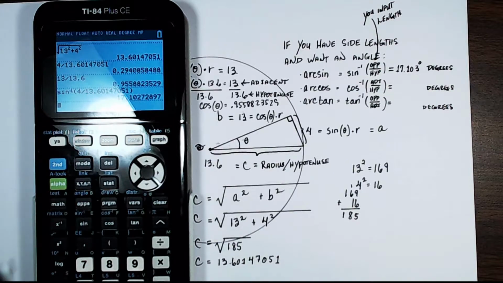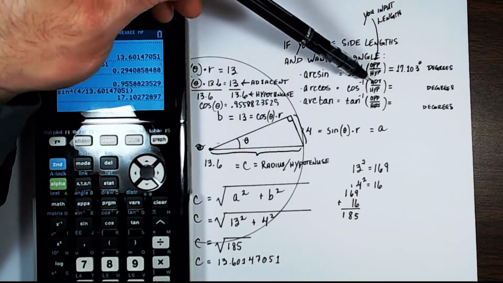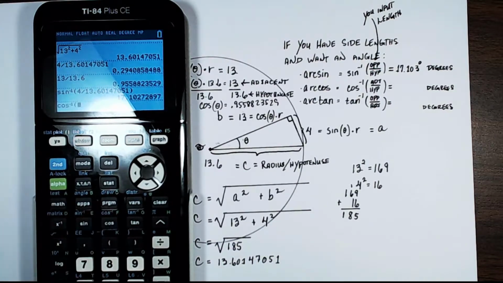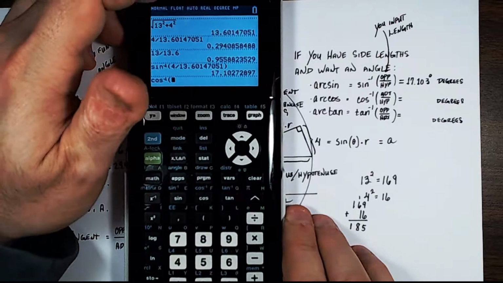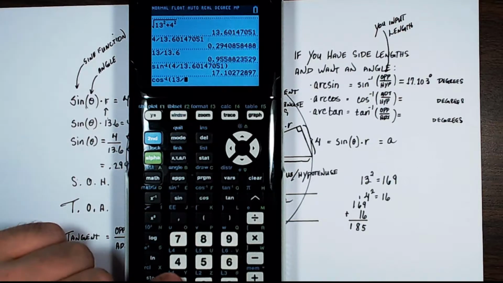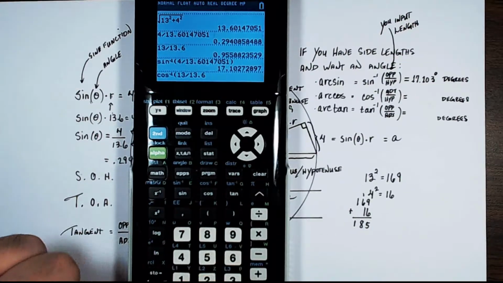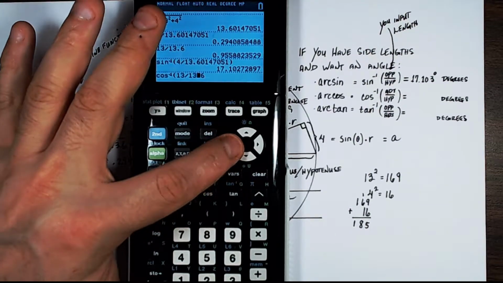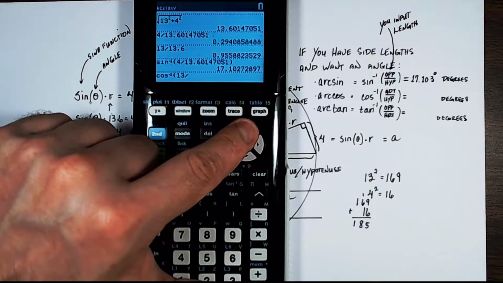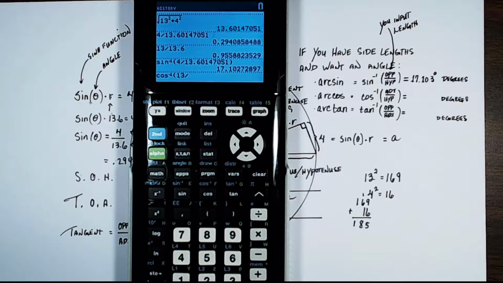But here I'm going to hit second cosine, and then put in 13, that's my adjacent side length, divided by the hypotenuse, 13.6. Remember, I'm going to go ahead and grab my value that I computed using the Pythagorean theorem, this one.